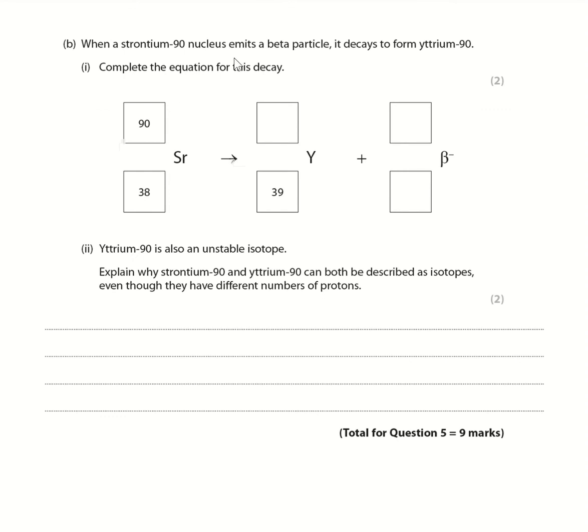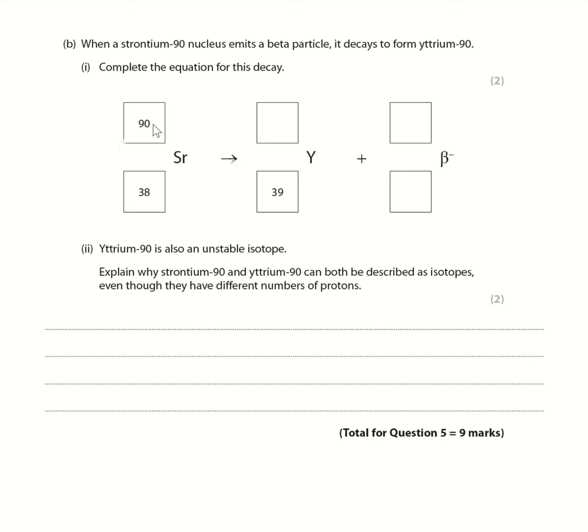When a strontium 90 nucleus emits a beta particle, it decays to form yttrium 90. Complete the equation for this decay. The atomic number increases by 1 in beta decay, because a neutron turns into a proton.